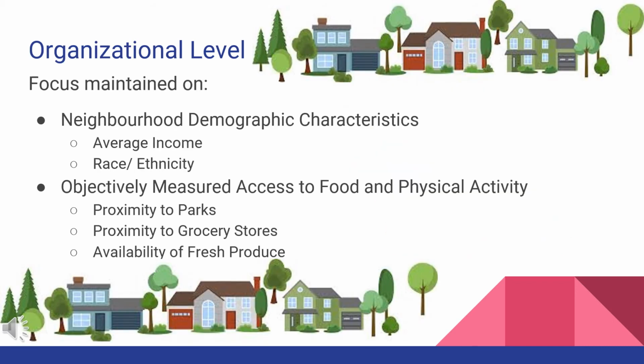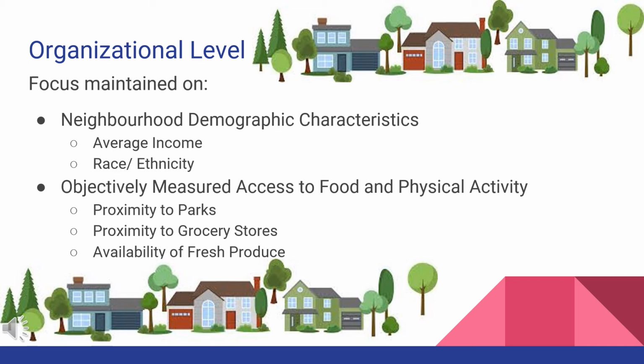Next, in the social ecological model, there is consideration of factors at the organizational or institutional level. In terms of childhood obesity, Orivachasbadi and associates focused on the demographic characteristics of the children's neighborhoods, as well as objectively measured geospatial features within these neighborhoods. This study focuses on characteristics like the average income within the neighborhood, as well as the most prevalent race of residents of these neighborhoods.